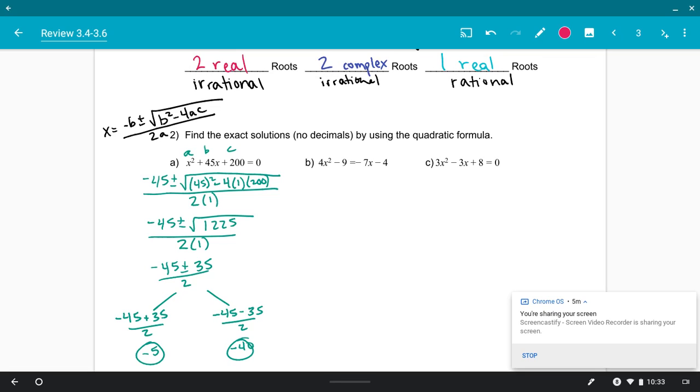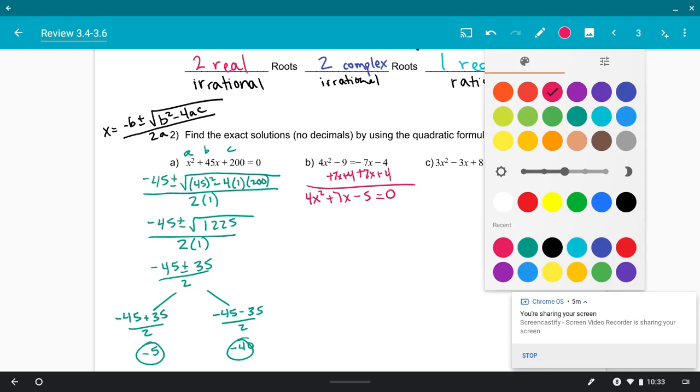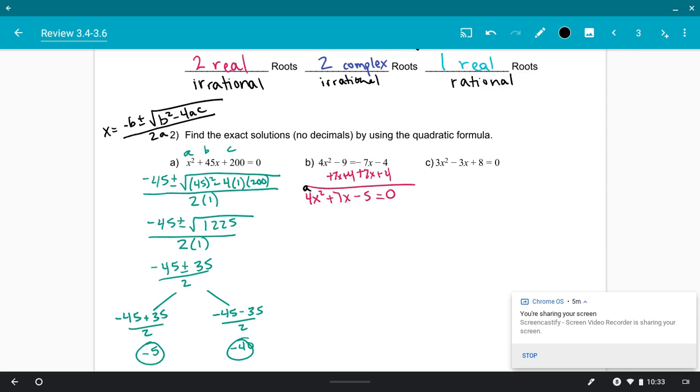Oofta, this next one's a mess. It does not equal 0, so we got to do a couple extra things. We got to add 7x and add 4. So we're going to have 4x squared plus 7x. Negative 9 plus 4 is negative 5. Now it equals 0. Now we have a, b, and c.